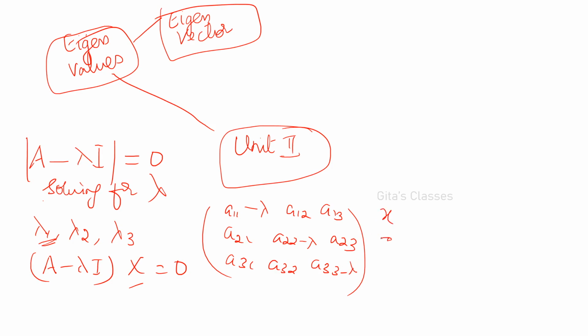We will write the equation like this, x y z or x1, x2, x3, is equal to 0. Now, 3 equations you will be getting. Maybe all the 3 may not be different equations. You may get a single equation or 2 equations. So, solving between them, you will get some proportionate values. So definitely x need not be unique. You will get an infinite number of values for capital X.